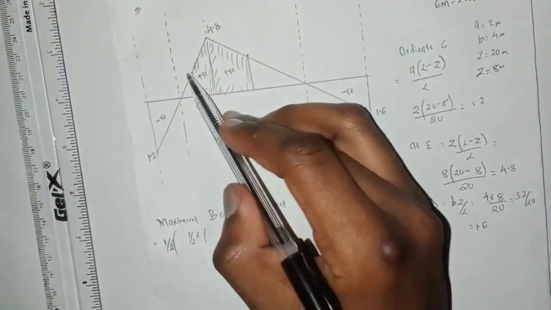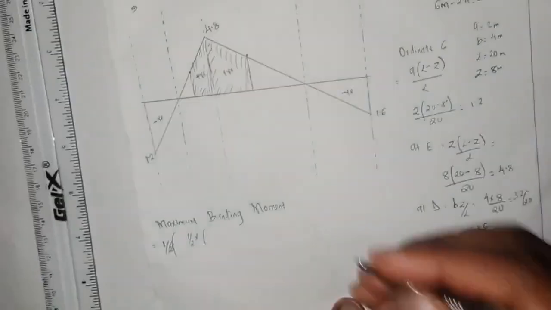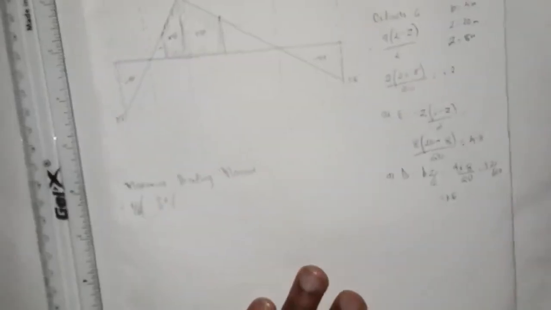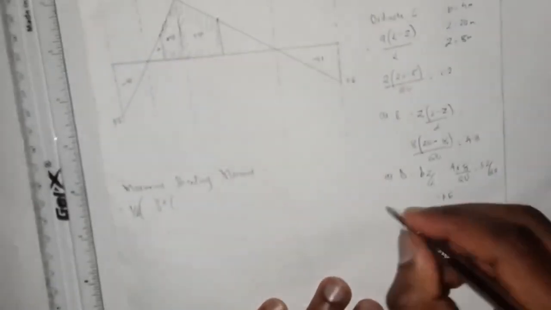So for us to calculate the ordinate at this point, take that as x. We remember our previous formula.